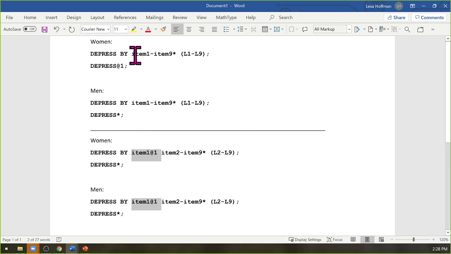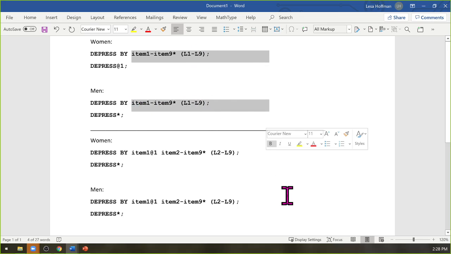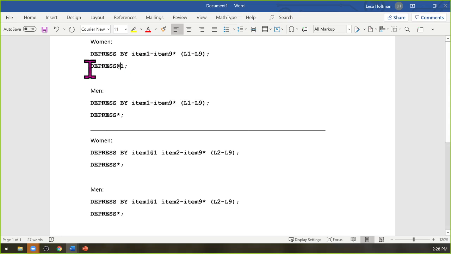The benefit of the specification that I'm using up here is that we can test all 9 items loading simultaneously. The model is still identified jointly between groups because of depression's variance being at 1 in the women. So this is why I'm doing it this way.